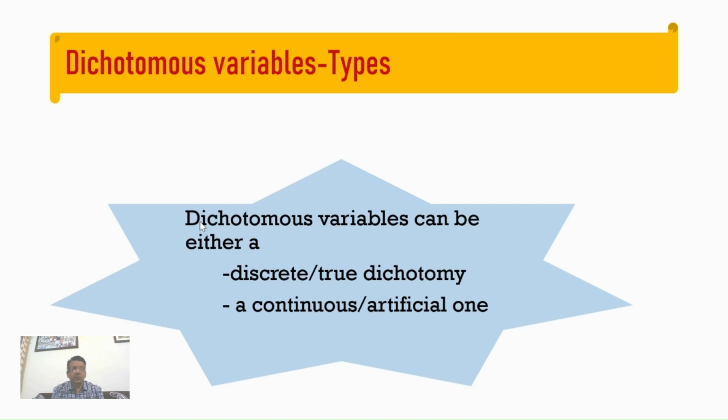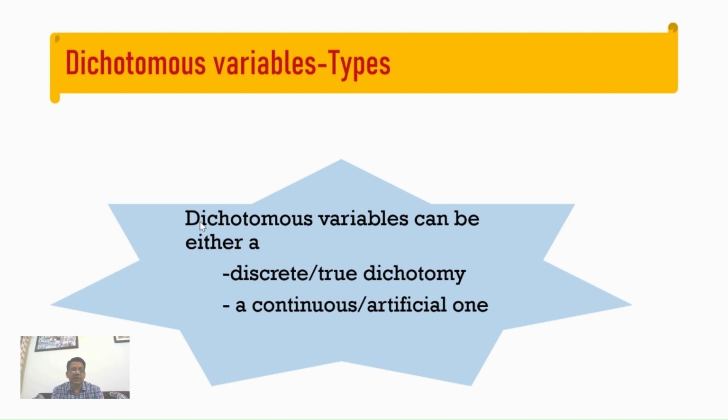There are two categories of dichotomous variables. Based on this discussion, we can say that the two types are these. One is the discrete or true dichotomy, like male and female. There is no continuity in this variable, and naturally they are divided into two parts, male and female. So gender has two categories, male and female.